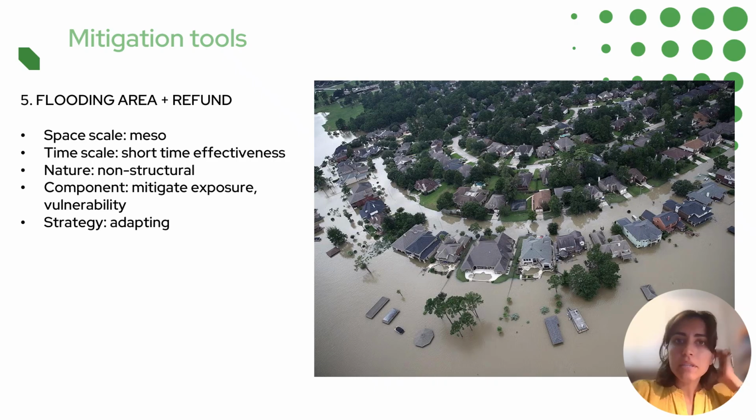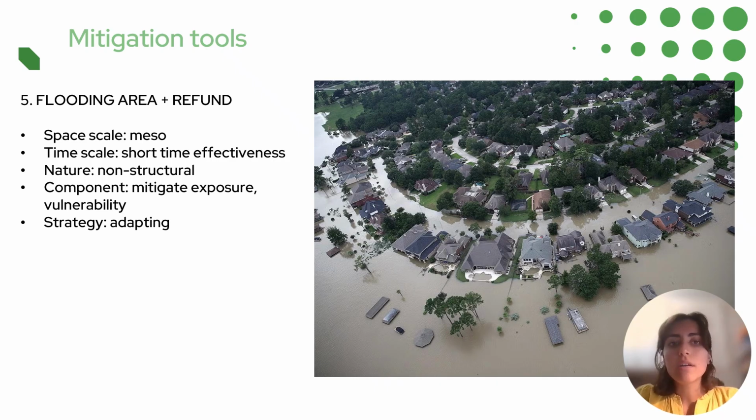A completely different strategy is to designate areas that are intentionally allowed to flood during high flow events. In this case, the aim is not to prevent flooding, but to manage where it occurs, so that damages elsewhere can be avoided. This is a non-structural measure, effective in the short term, and applied at a mesoscale.